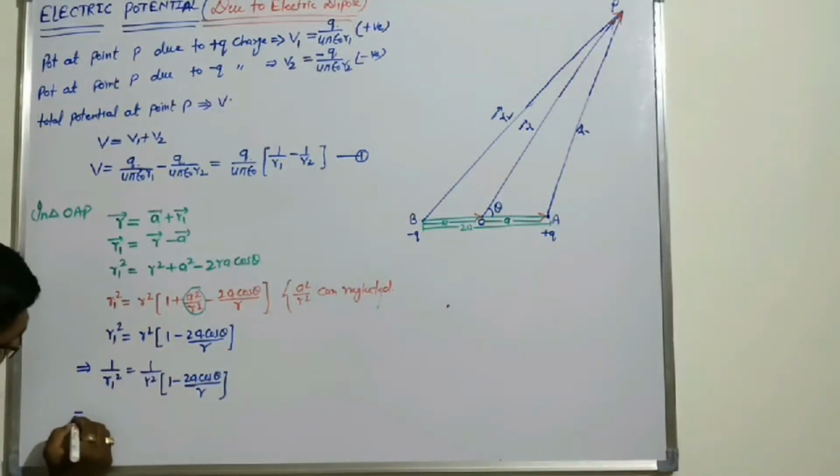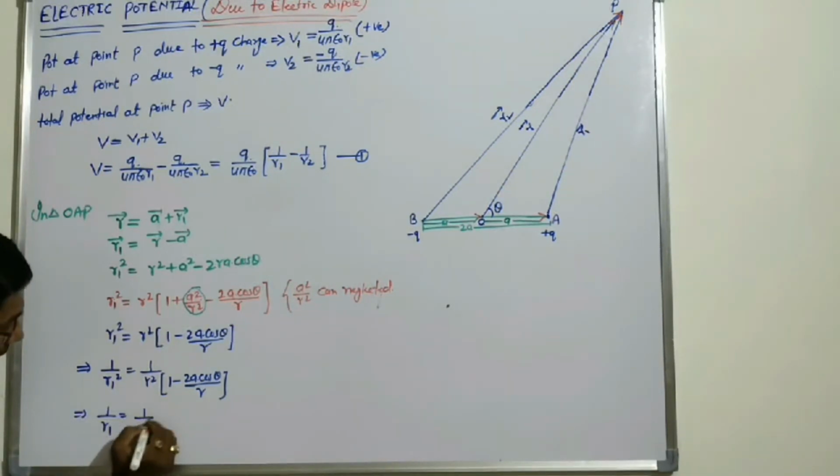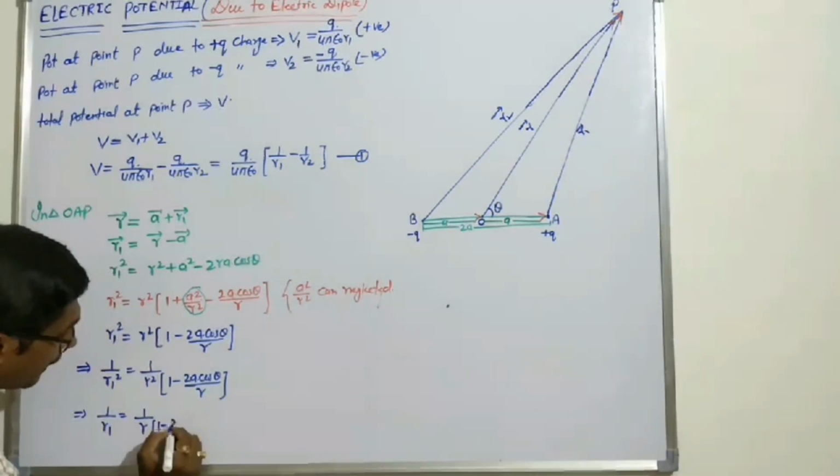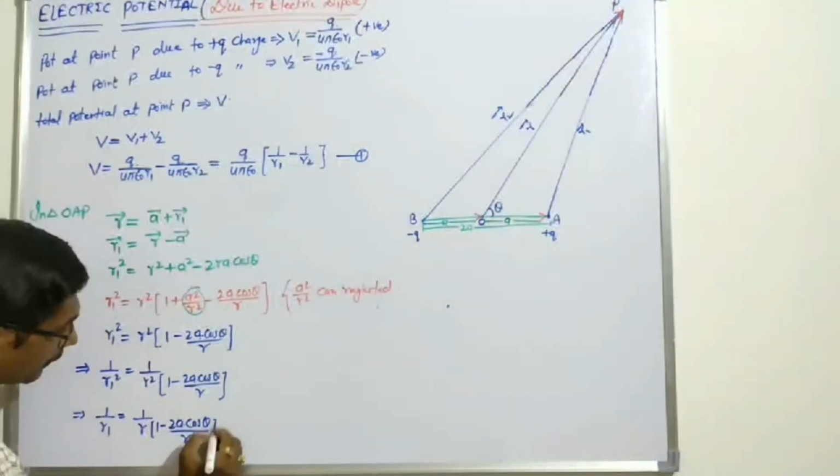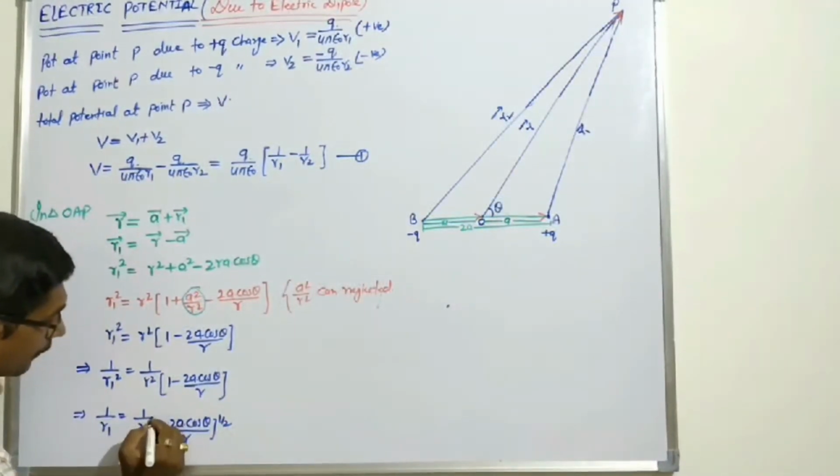So we can find here 1 by R1, taken root both sides. So it is 1 by R and here is 1 minus 2A cos theta upon R raised to the power 1 by 2. Okay.